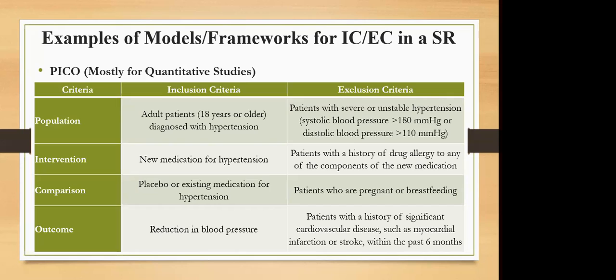But if you feel like you're having any difficulty in formulating the research question, you can always write to my email. We can converse, then maybe I'll also give you more suggestions and provide appropriate guidelines on how you can formulate your inclusion and exclusion criteria. Okay, thank you so much.